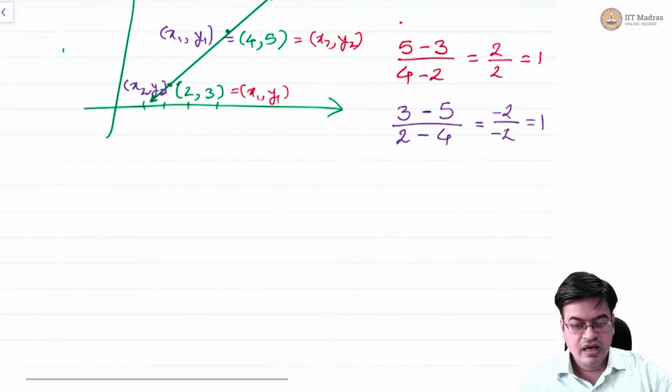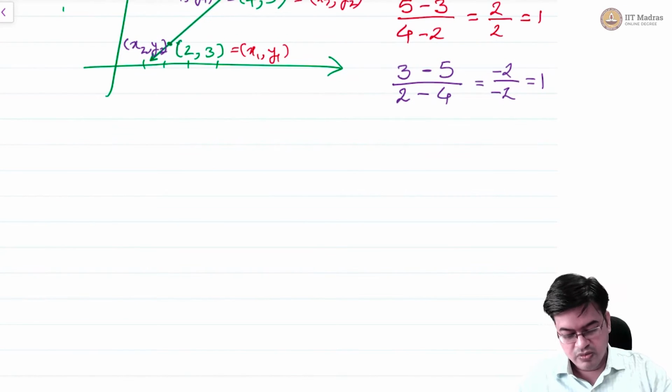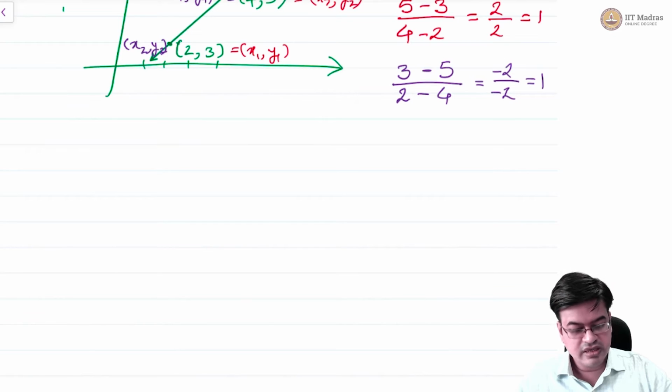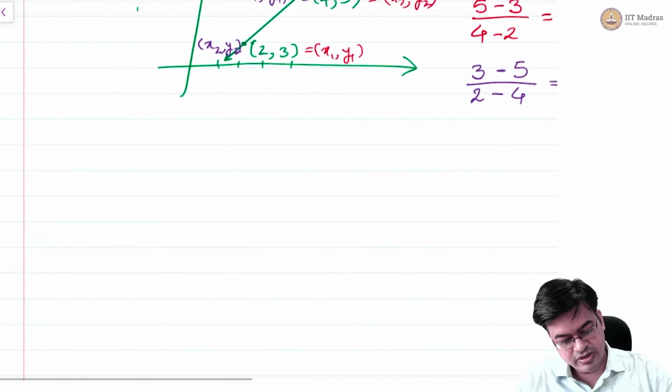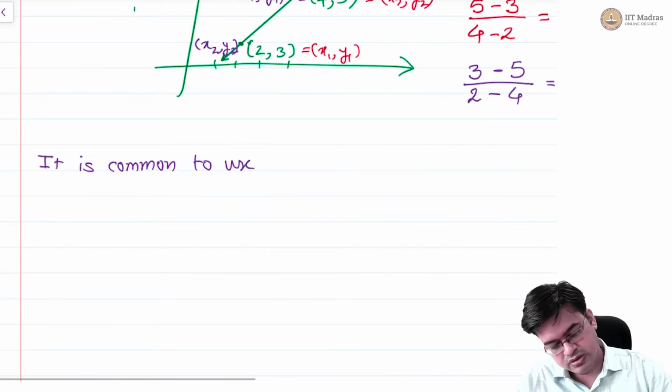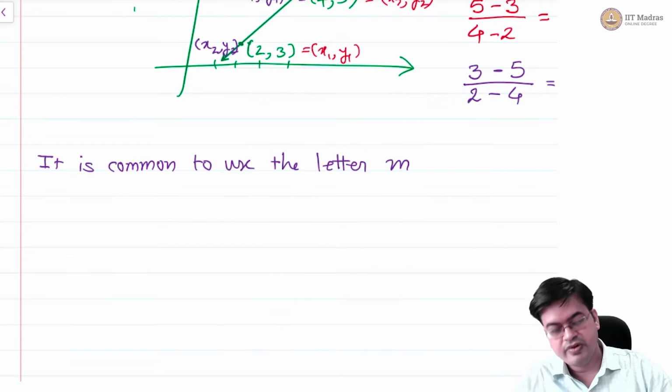Now let us talk about what we should call slope. It is very common to use the letter M for the slope.